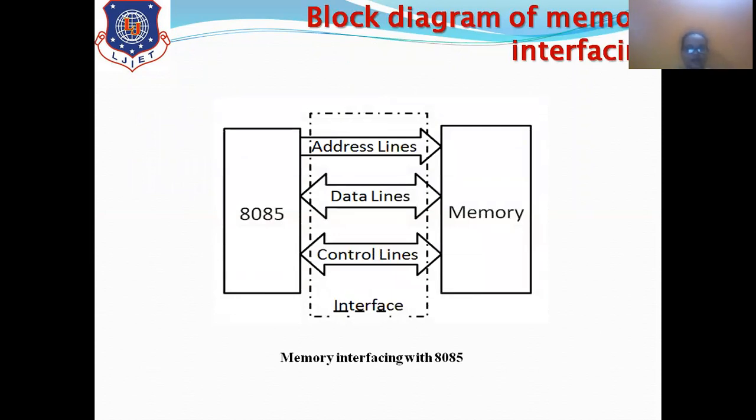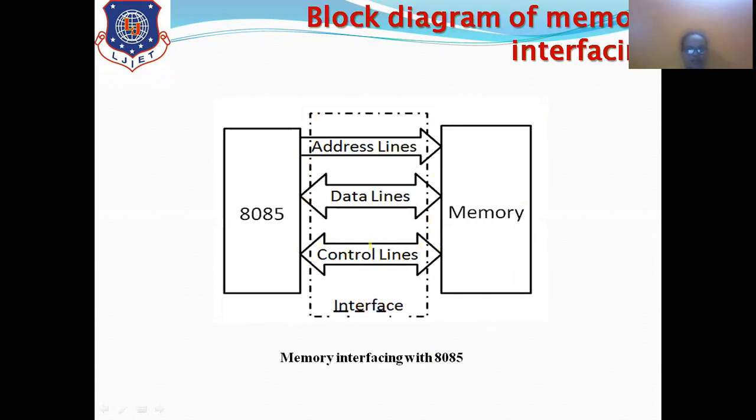So, how the memory can be interfaced with the 8085 processor. As you can see over here, this is the processor 8085 and this is the memory which we want to interface with this processor, right? So, what are the different lines or interfaces in between 8085 and memory?